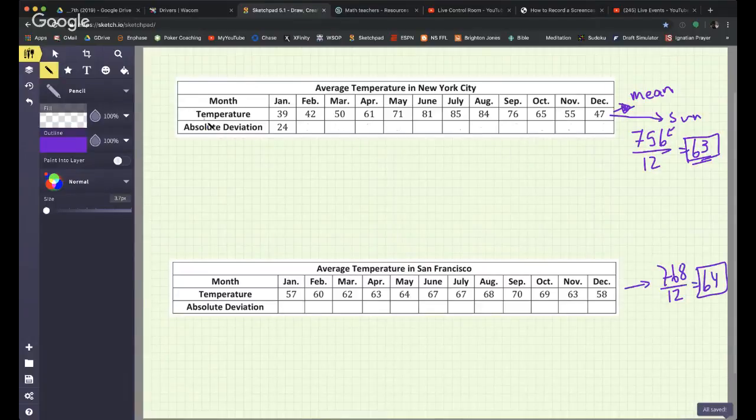So now I want to show you how to calculate the mean absolute deviation.